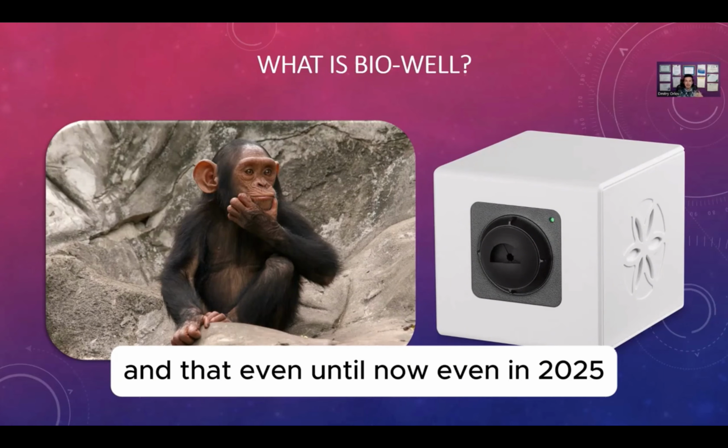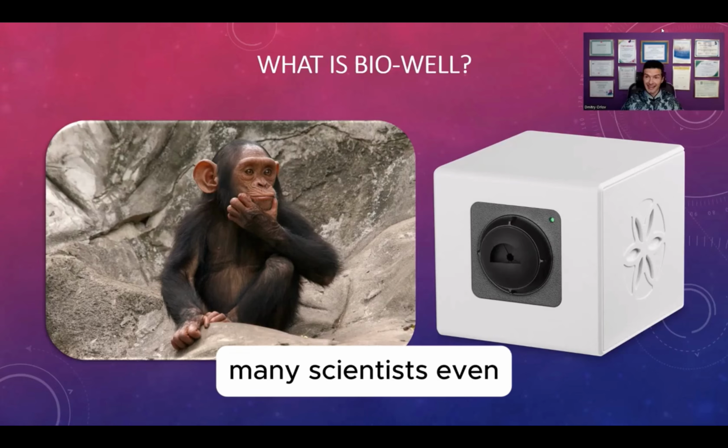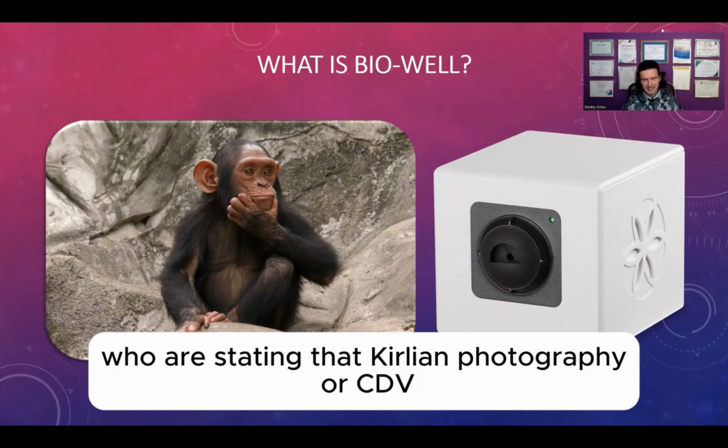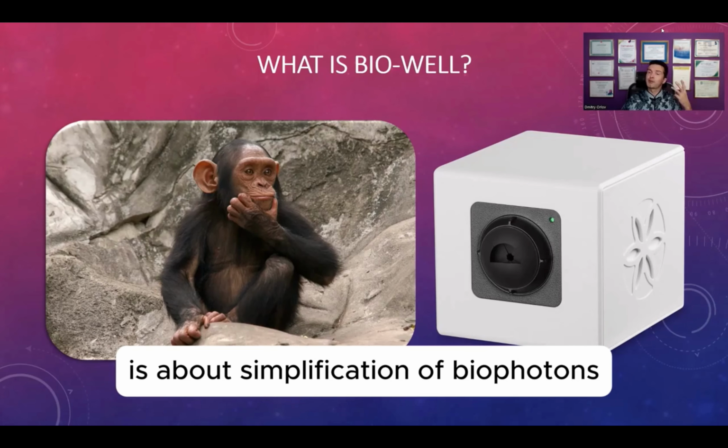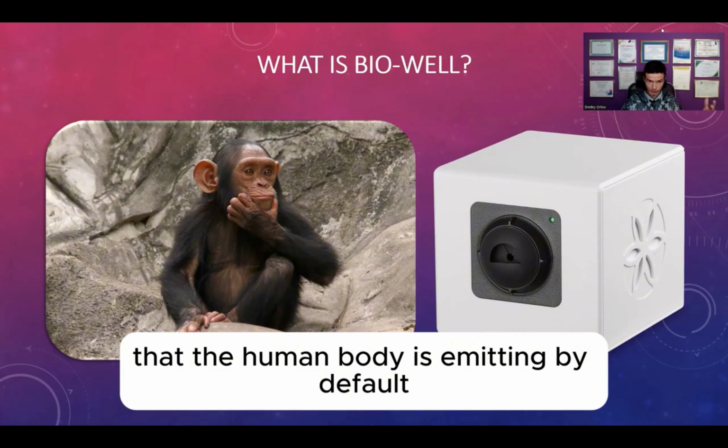Even until now, even in 2025, there are still many people, many scientists even, who are stating that Kirlian photography or GDV is about amplification of biophotons that the human body is emitting by default.